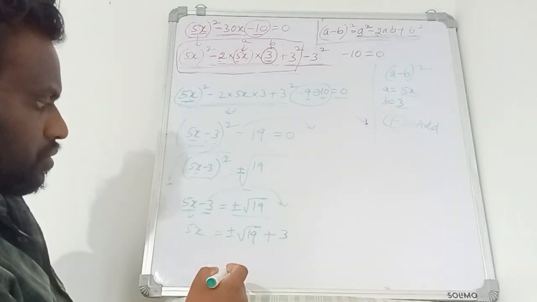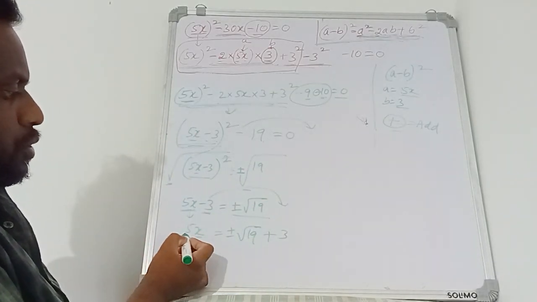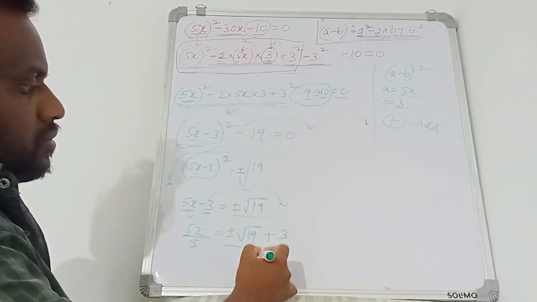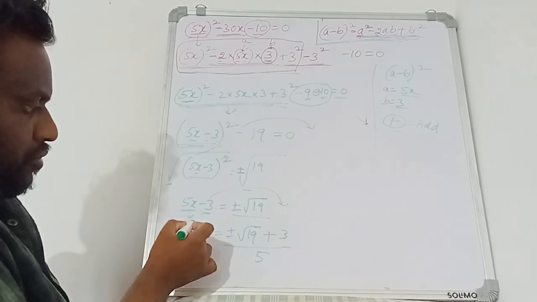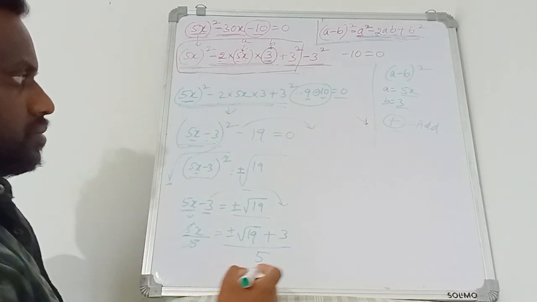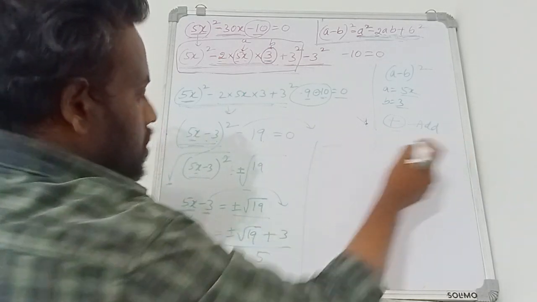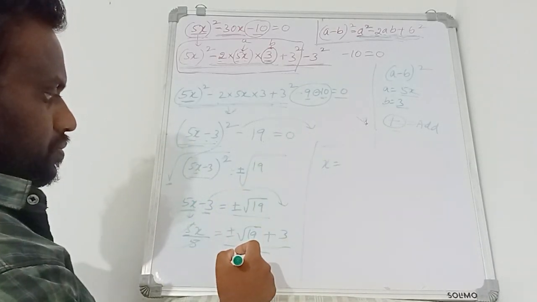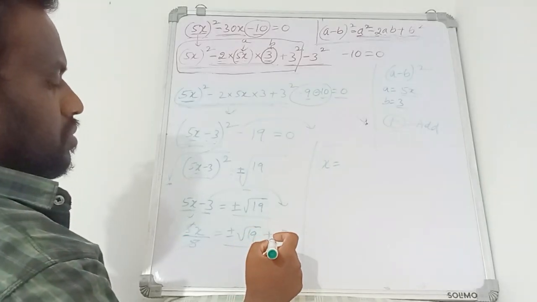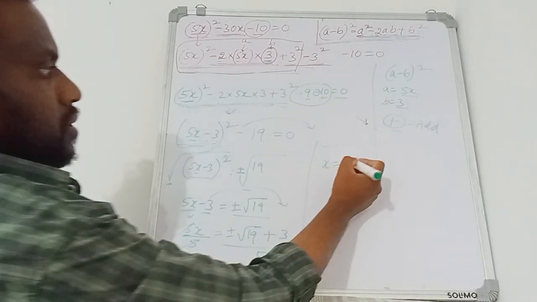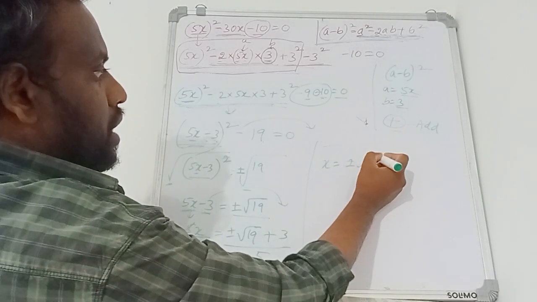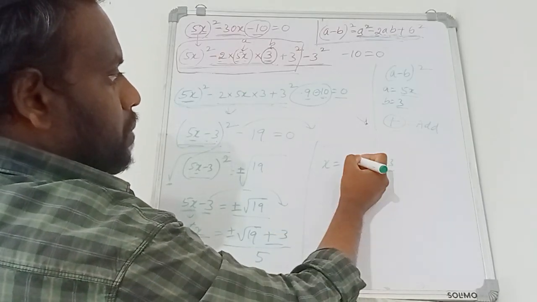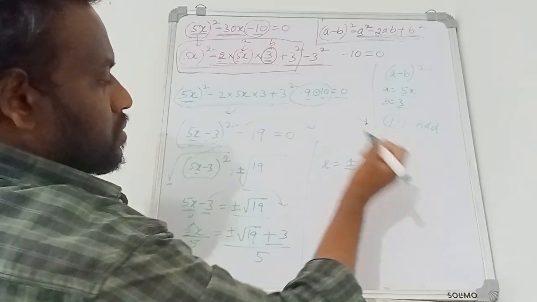Now we want x, we don't want 5, so divide both sides by 5. This 5 cancels out. So we are left with x is equal to plus or minus root 19 plus 3, whole divided by 5.